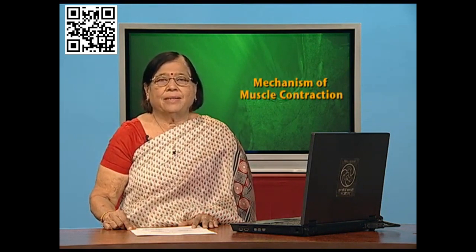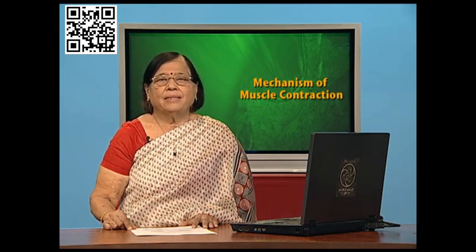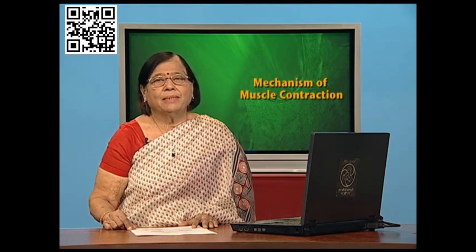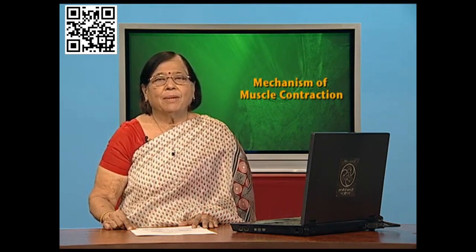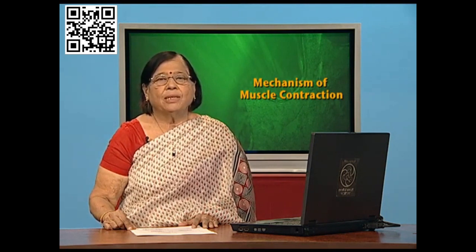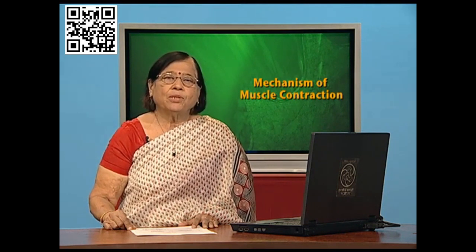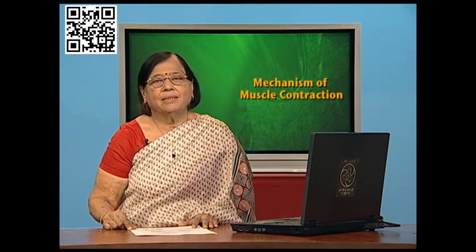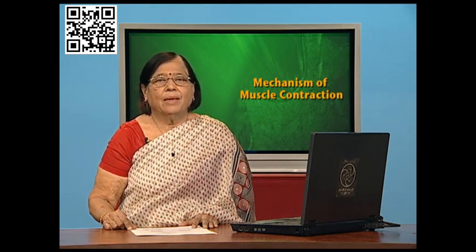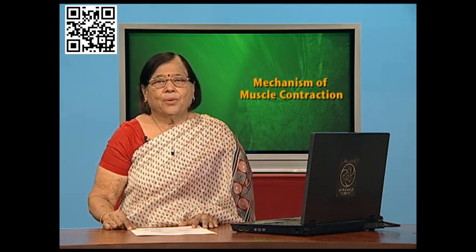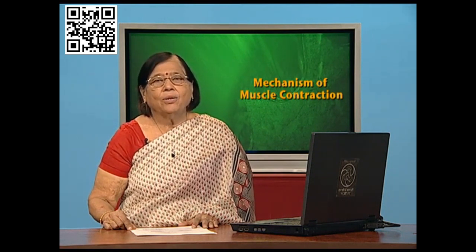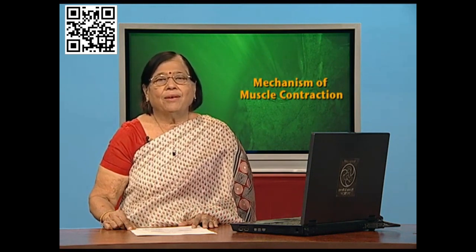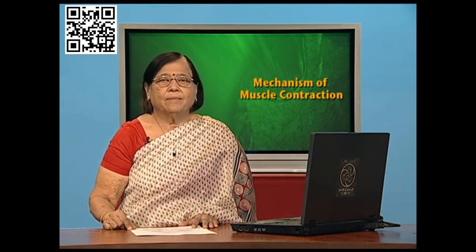Now, after knowing this, we will try to understand the mechanism of muscle contraction. The muscle is going to contract under the action of the motor neuron. So, what is the motor neuron doing when it is carrying the stimulus to the muscle cell? When it is ending onto the muscle cell, it will release a neurotransmitter called acetylcholine.